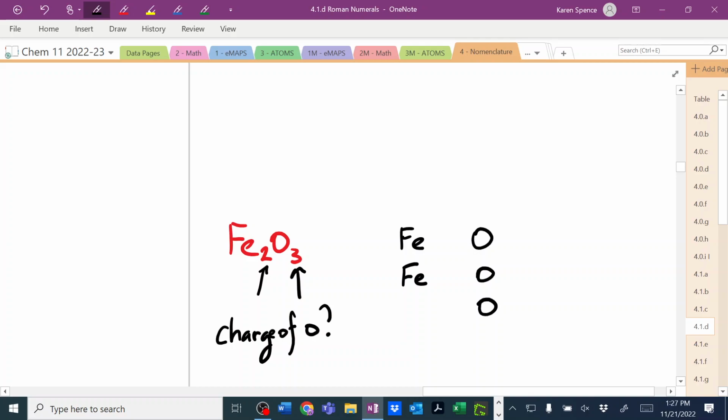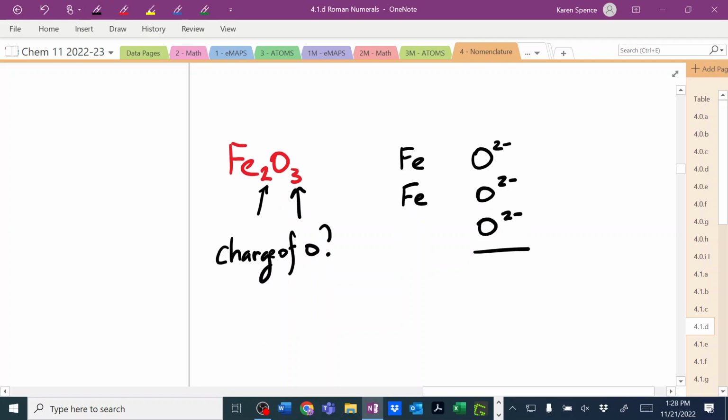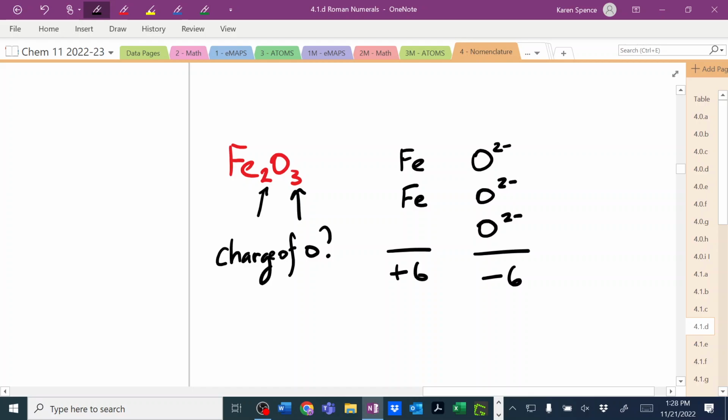Nathan, what's the charge of O? -2. So we're going to say, okay, we got 2 minus, 2 minus, 2 minus. So what is the overall negative charge, the total negative? -6. So the total positive has to be +6.